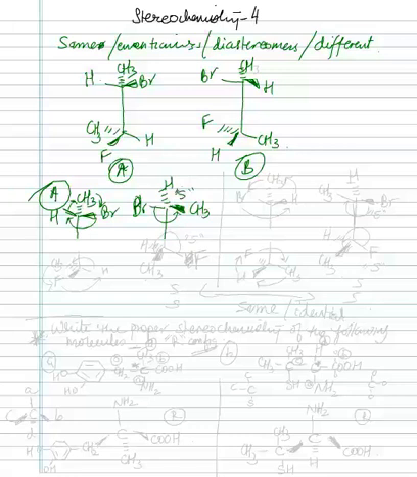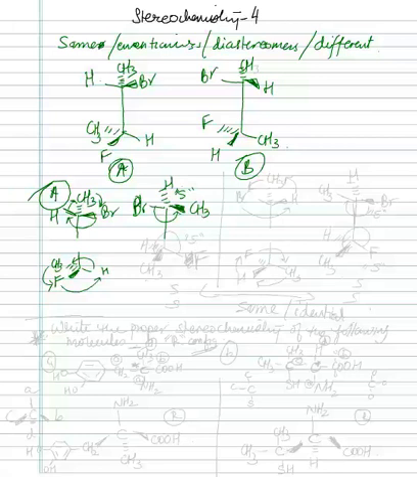Now I'm going to do the same thing with the bottom one. In the bottom case we have fluorine, hydrogen, and then CH3. To get the hydrogen to the back, you need to rotate hydrogen over here, which means that the CH3 will come where fluorine is, and fluorine will go where hydrogen is.